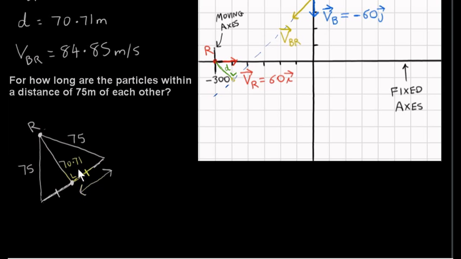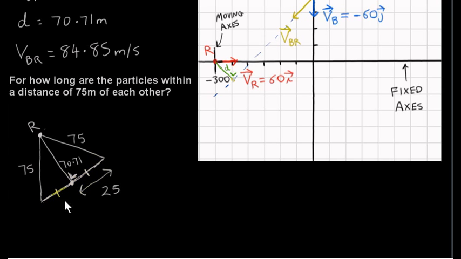Let's just use Pythagoras. We have a right angle triangle. So this distance here is the square root of the hypotenuse squared minus 70.71 squared. To two decimal places, this value is actually 25.00, so that's very convenient.